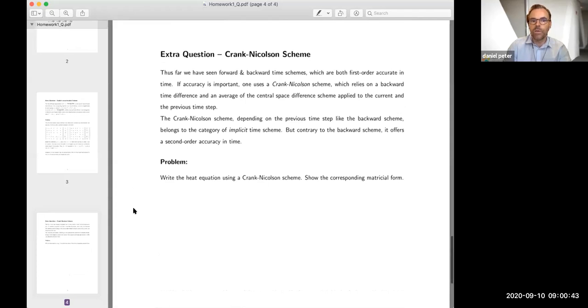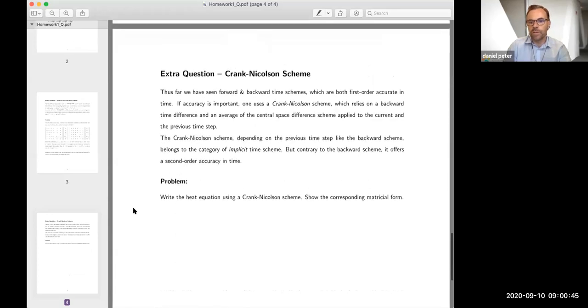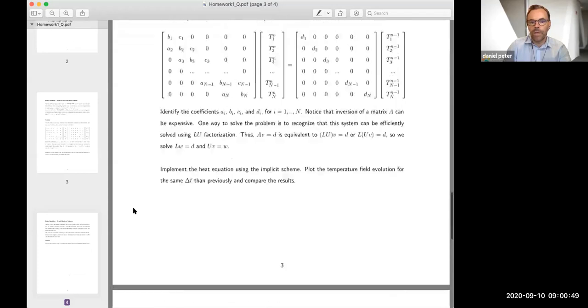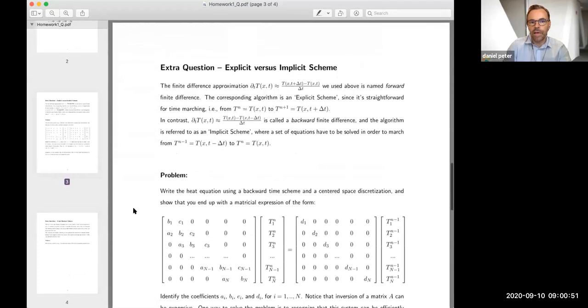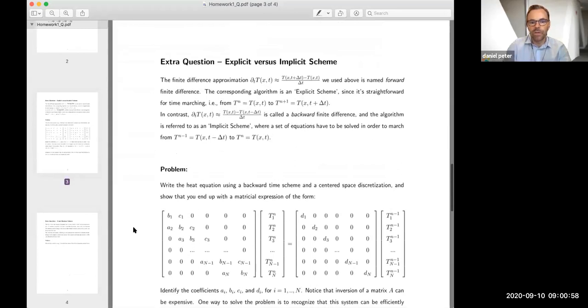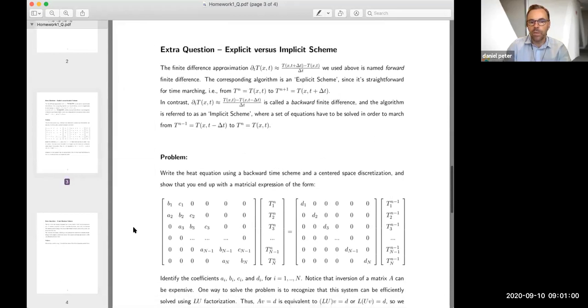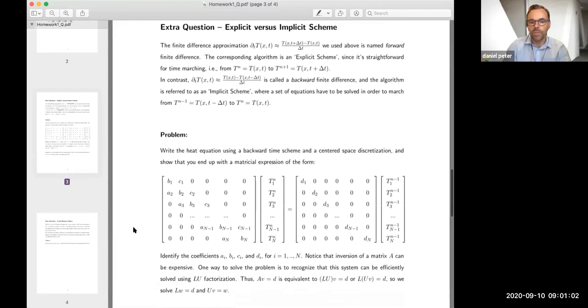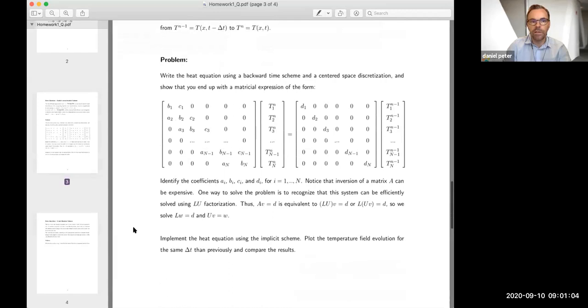And if you want, for example, look at the accuracy of the scheme. The main point here is that explicit versus implicit leads us into the stability of schemes. That's why it's a nice example, where you start seeing that when we solve it numerically, the stability of the scheme becomes important.